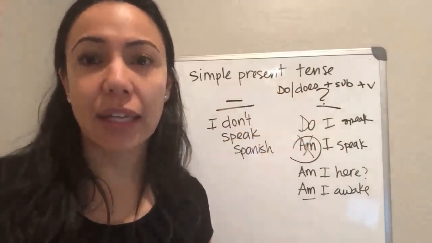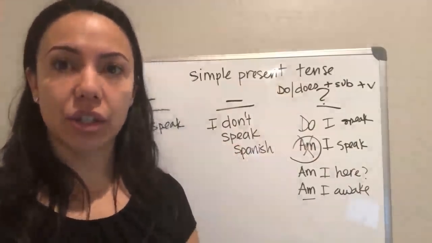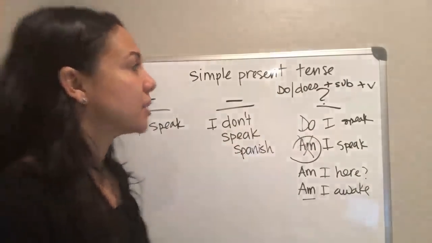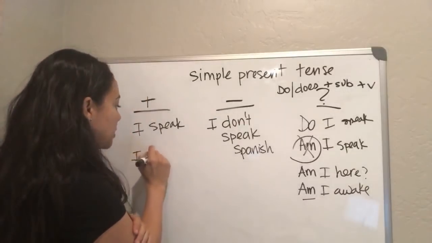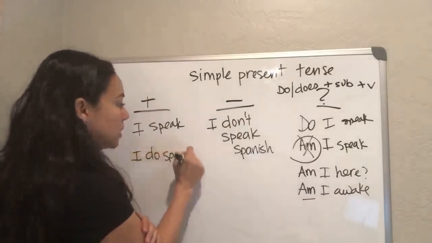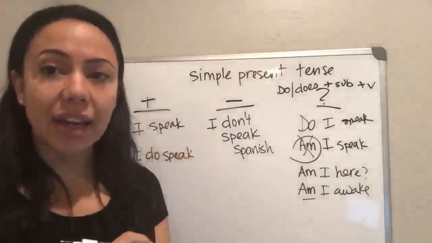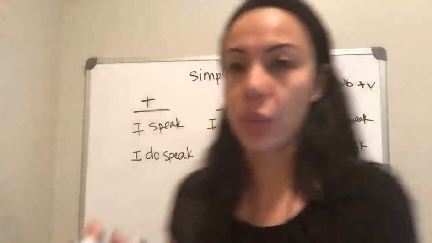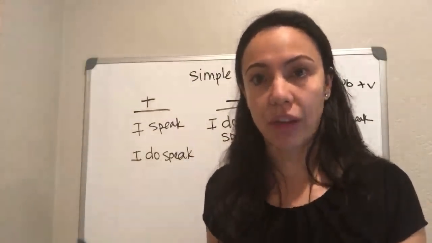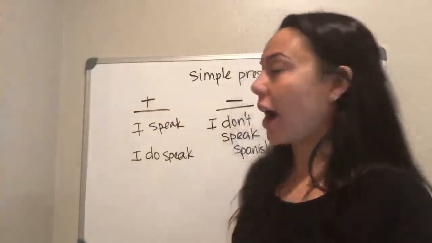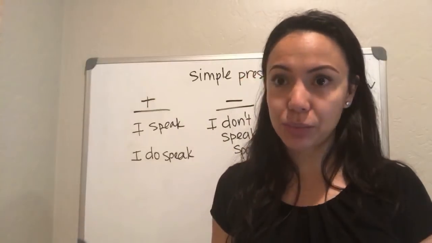Why do some people say, "I do speak something?" Good question. When you say something like that, "I do speak Spanish," it is adding emphasis, okay? When you want to emphasize that you do something, you say, "Yes, I do speak Spanish."